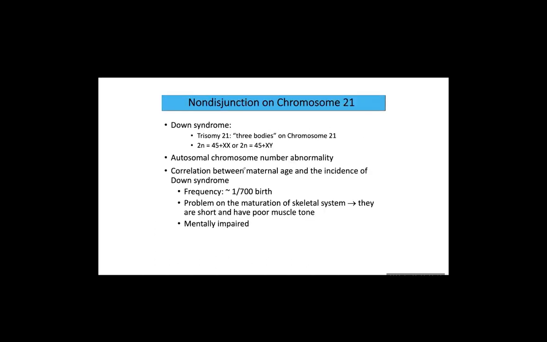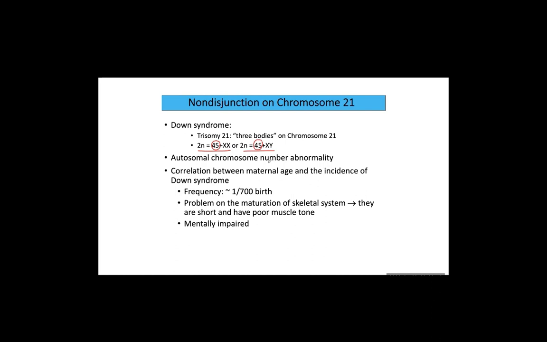So for Down syndrome, you can write it down this way. Down syndrome can occur in female and male, both genders. Only the number of autosomes is different. For sex chromosomes, there's no problem in a patient with Down syndrome.